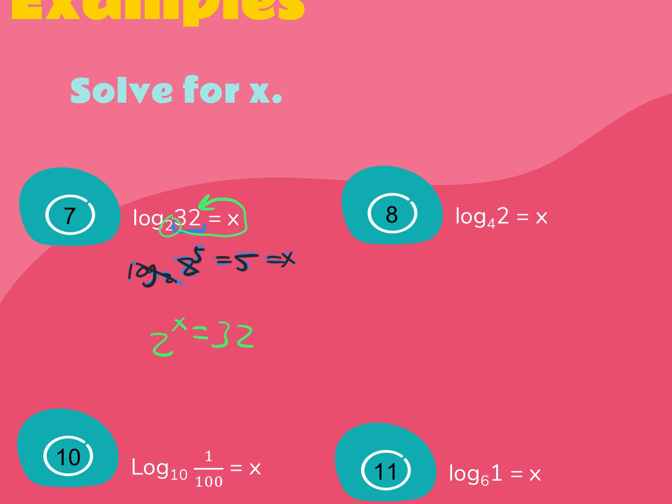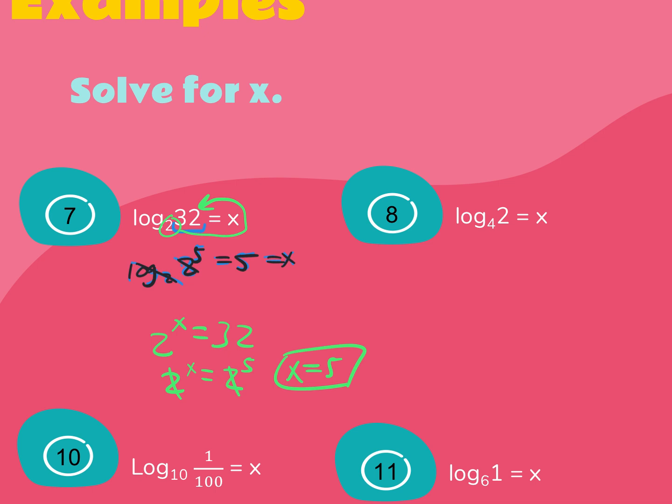You're still going to have to change 32 to have a base of 2, so 2 to the power of x equals 2 to the power of 5. And this is more familiar to you guys. Using the one-to-one property, you can cancel out your base of 2, and you still get x equals 5. So you guys might like that a little bit more.